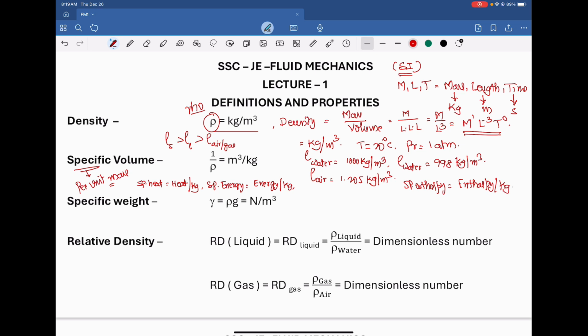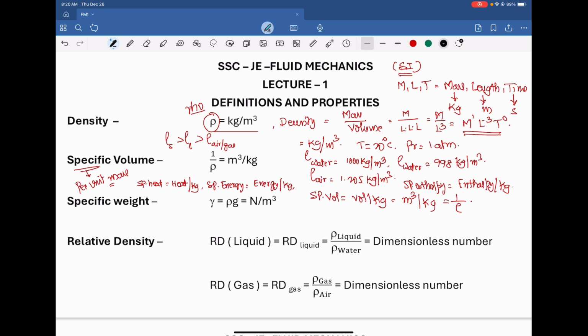Similarly, specific volume is equal to volume per kg. That is equal to cubic meter per kg, which is nothing but 1 by rho. 1 by density is equal to specific volume. This is also very, very important. It should be understood. Whatever I am discussing here, these properties, these definitions, are to be understood clearly.